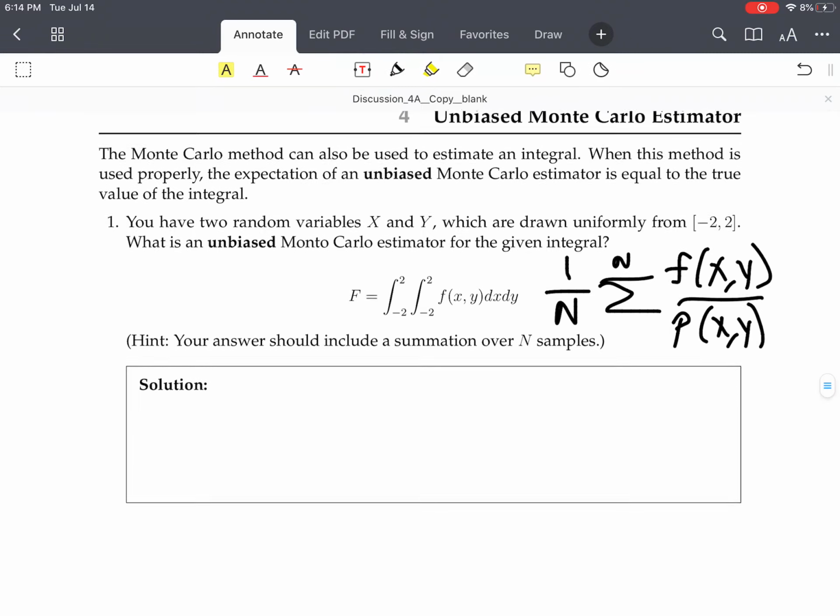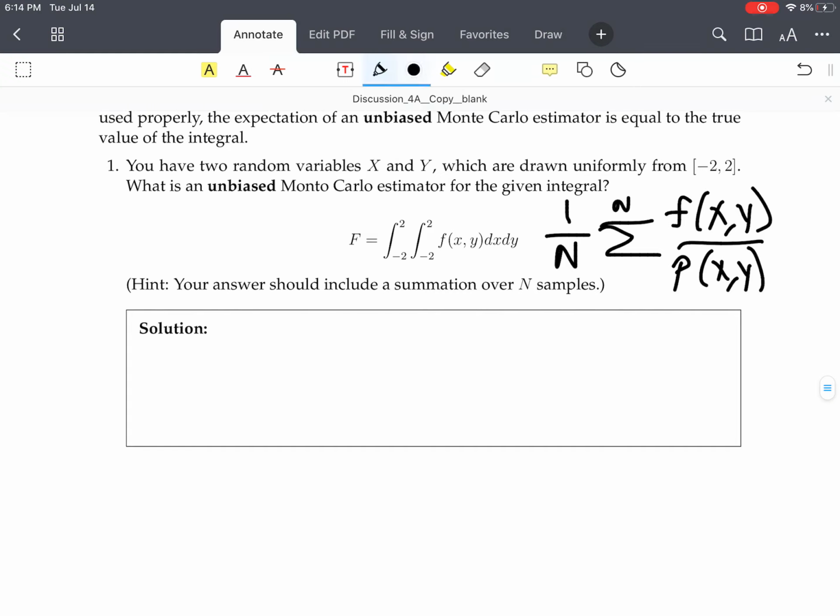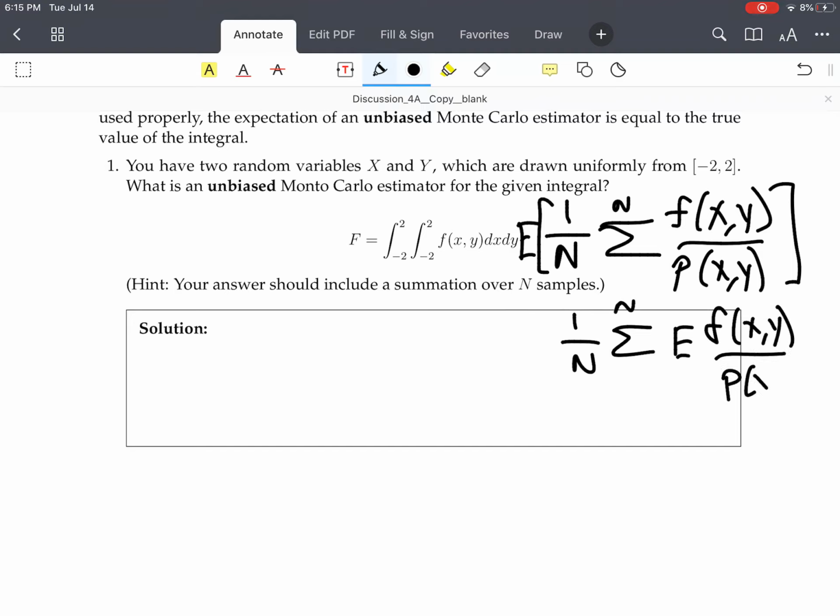The reason is, if we were to take the expectation of this, remember that linearity of expectation means we can put the expectation inside. So it's going to become 1 over n times the summation over n of the expectation of f of x comma y over p of x comma y.